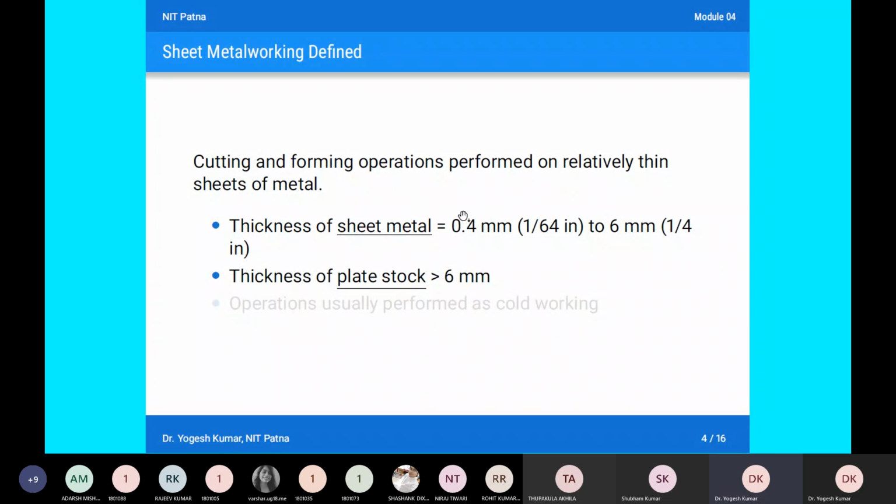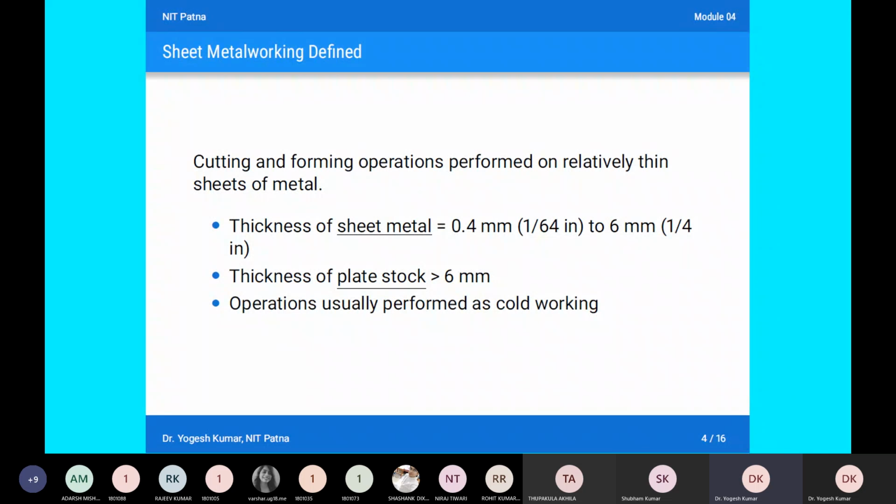Generally these operations are performed as cold working. As you know, the thickness of these sheets is very thin, so very low forces are required to perform these operations. While in the case of bulk forming, we have discussed that a large amount of force, a high magnitude of force, is required to deform the metal.